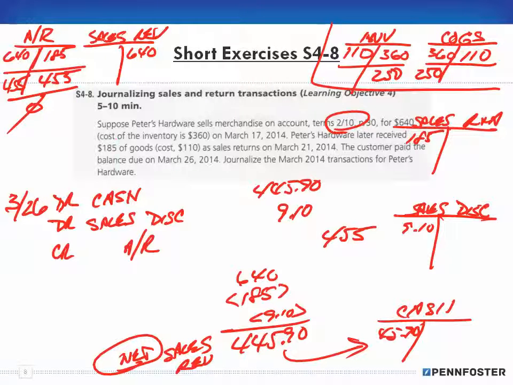So when we take into consideration the revenue less the returns allowance less the discount, that is the net effect of our sale, 445.90, which is how much we ended up receiving in cash. And so that's the complete concept.